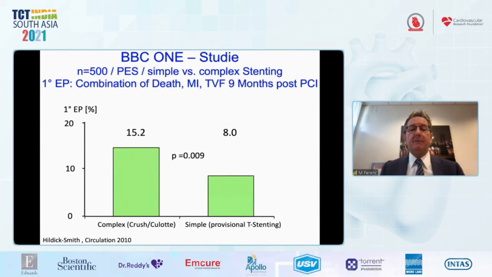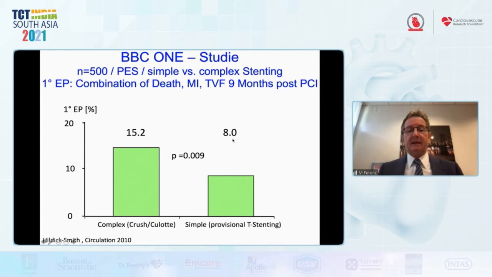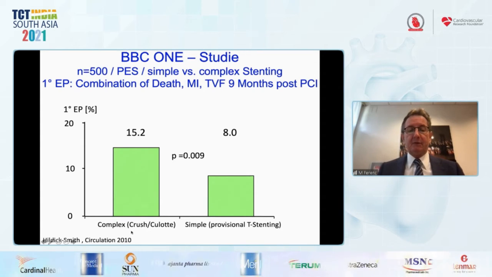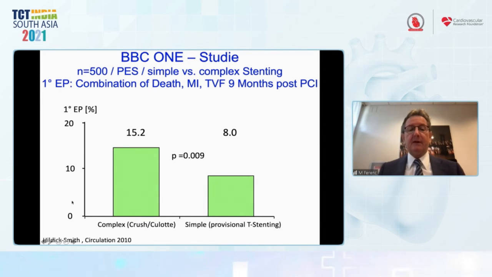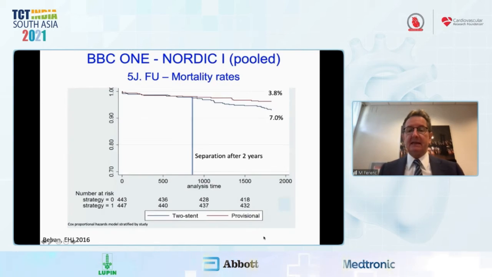And even from the British study BBC1, we had information that if you go with a complex approach as an initial approach, in this case crush or culotte, you have even more problems according to the higher rate of periprocedural infarctions, compared to the provisional T-stenting.